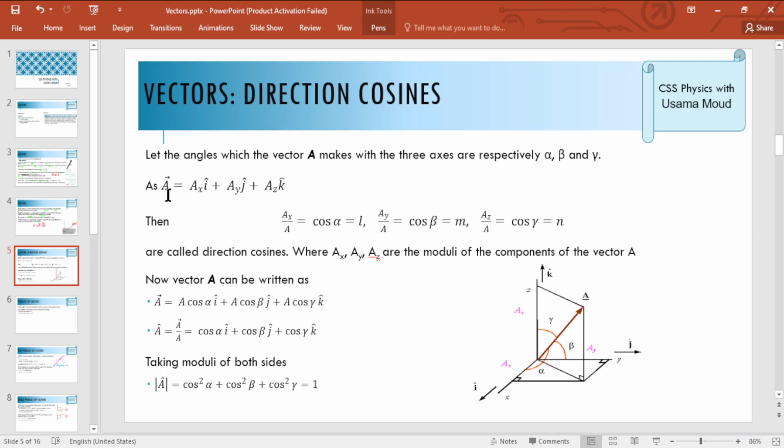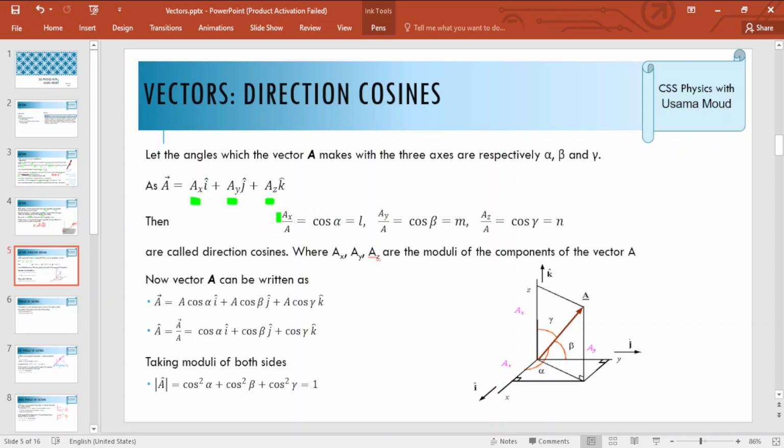Direction cosines. Any vector can make three different angles, because any vector can be represented by three components along the x-axis, y-axis and z-axis, and the vector A makes an angle with the x component, the y component and the z component.